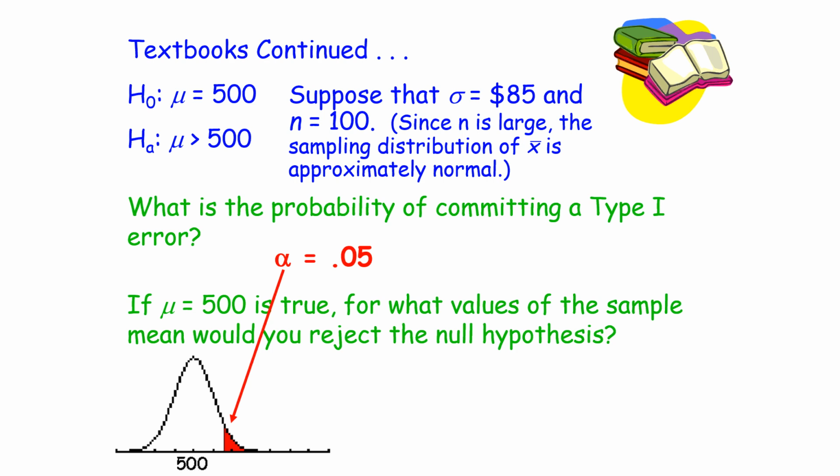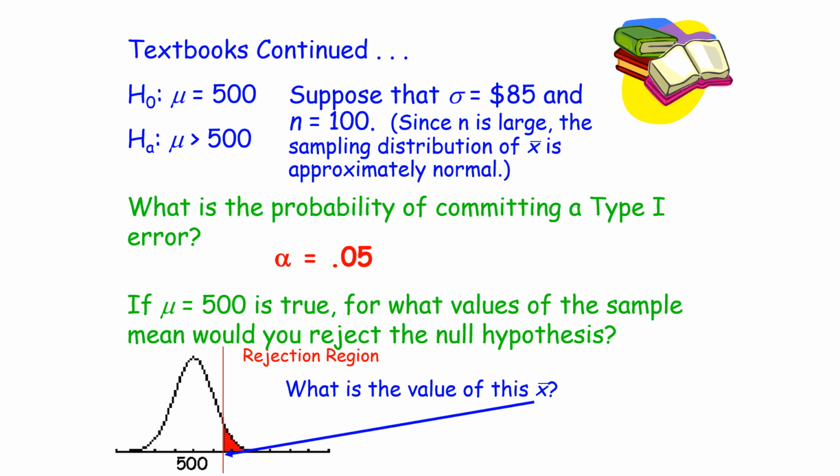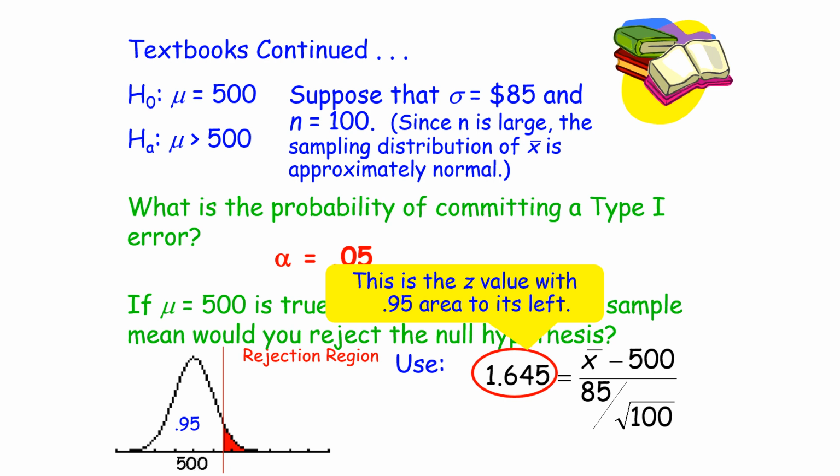This is where our alpha would go. So this is our rejection region. We want to know what is the value of this x bar. This is the z value with a 0.95 area to its left. That's 1.645, because we already have that z value. So we're looking for our x bar.